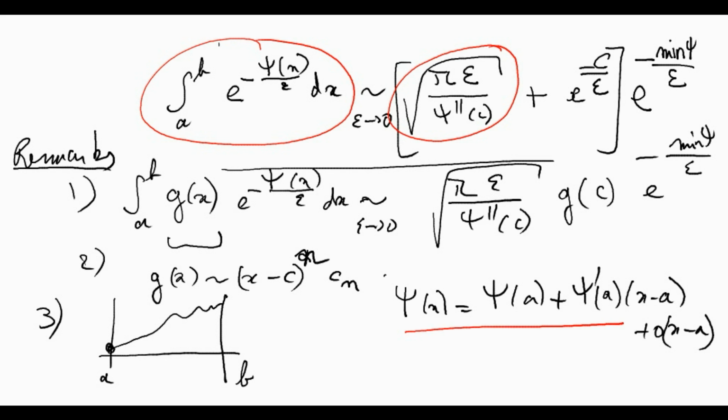So now let's discuss the general formula. In dimension n, we would like to calculate the integral of exponential of minus psi of x divided by epsilon dx. I assume this is a domain in Rn.